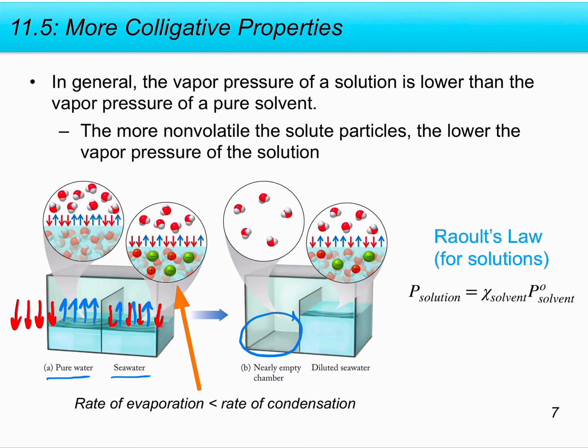And that has to do with intermolecular forces again. So because the seawater on the right-hand side has the salt in it, right? The salt, the negative and positive charges are kind of holding onto the water a little bit more strongly than they would if it was just water, right? So remember intermolecular forces. The pure water side, this side over here, has hydrogen bonding, whereas the other side, the seawater side, has hydrogen bonding between the water, but it also has ions in there, right?